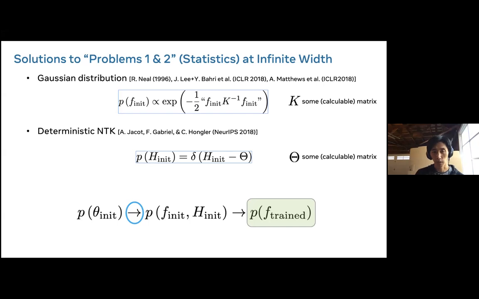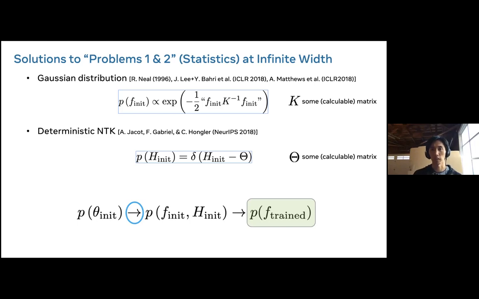But then people at Google Brain, Jaehoon Lee and Yasaman Bahri and other people, extended this to deep neural networks when the number of neurons in the hidden layers goes to the infinite width limit. And there was also a concurrent paper by Matthews et al. at ICLR 2018. So if you like math, you should look at the latter one. If you like physics, then you should look at the former one. That's the flavor of these papers.